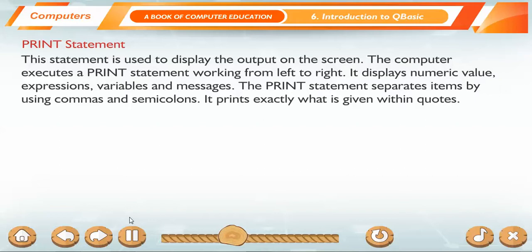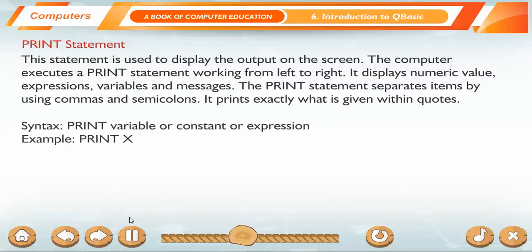Print statement. This statement is used to display the output on the screen. The computer executes a print statement working from left to right. It displays numeric values, expressions, variables and messages. The print statement separates items by using commas and semicolons. It prints exactly what is given within quotes.